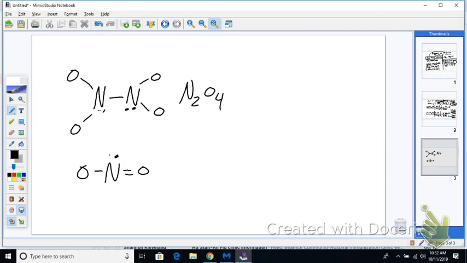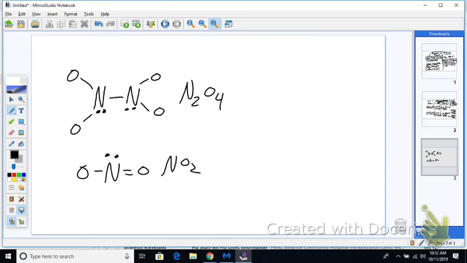Okay, you'll be drawing these in the future. This is NO2. Its structure, what we think it looks like. Guess what the percentages of nitrogen are on both of these? Are they going to be the same, or are they going to be different percentages? Same. Exactly the same.